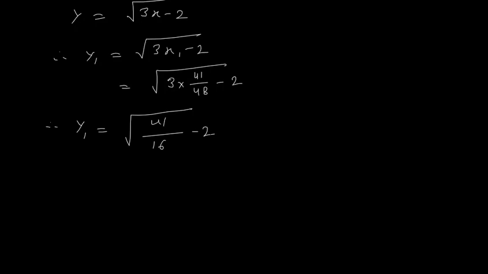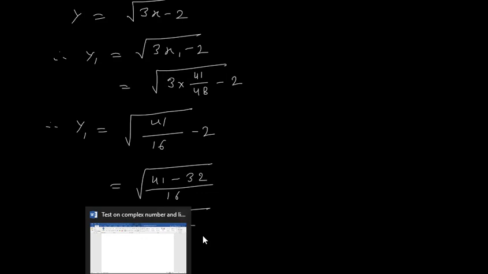This gives us root of 41 minus 32 divided by 16. 41 minus 32 is 9. So 9 upon 16, and root of 9 upon 16 is 3 upon 4. So the value of y1 is 3 upon 4.